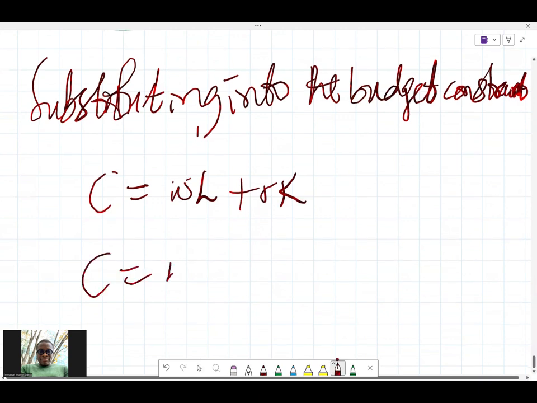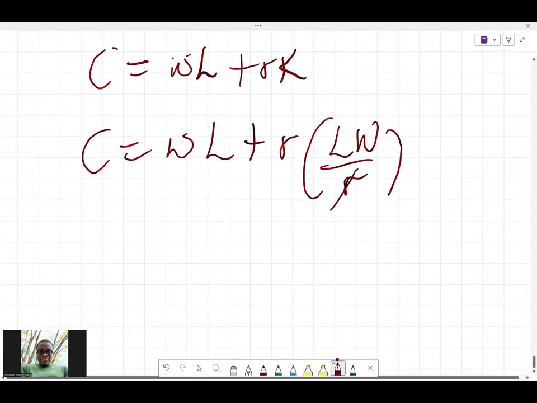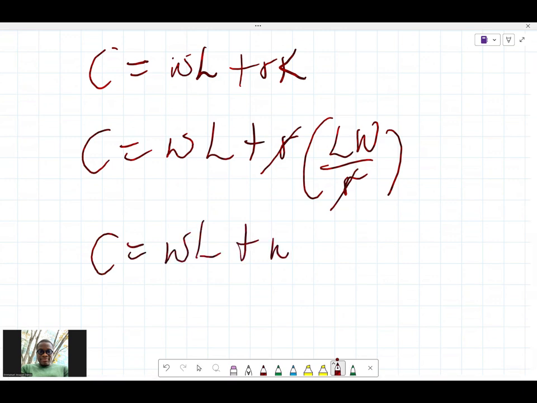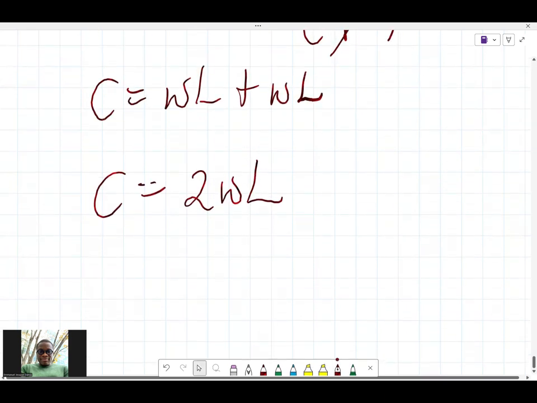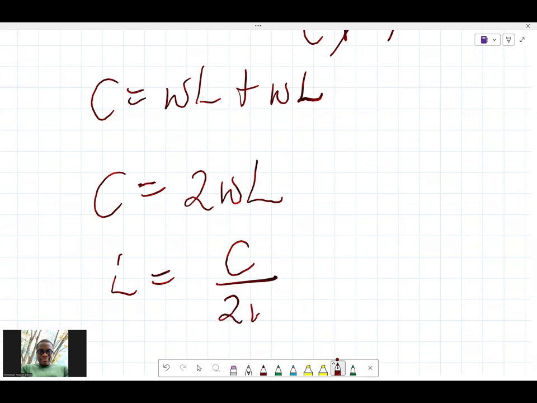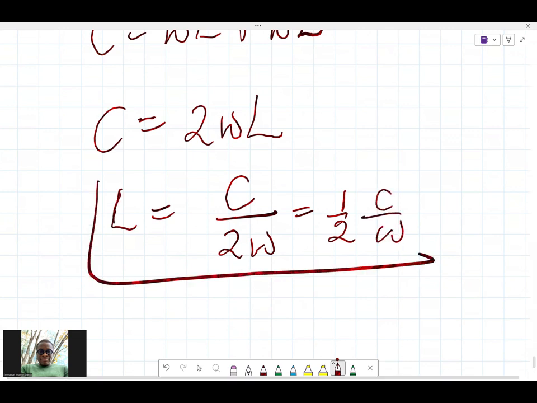So C now is equal to WL plus R into LW divided by R. That is what C becomes. R cancels R, so we have C equal to WL plus another WL. LW is WL, so C is pretty much 2WL. Now we can get L clearly in terms of every other thing. L now is equal to C divided by 2W. You can say that is half C over W, if you like. So that is L right there.